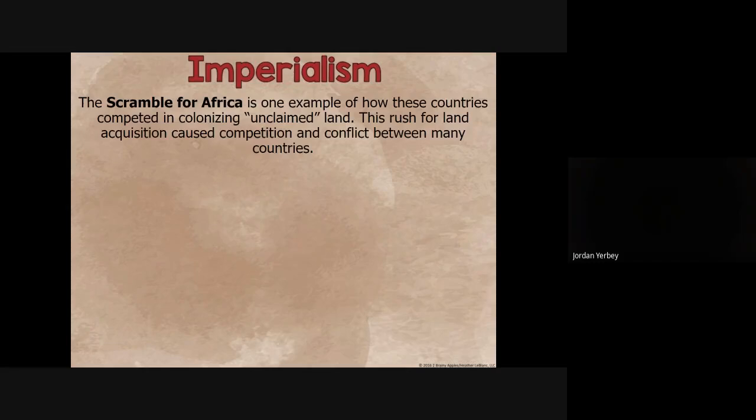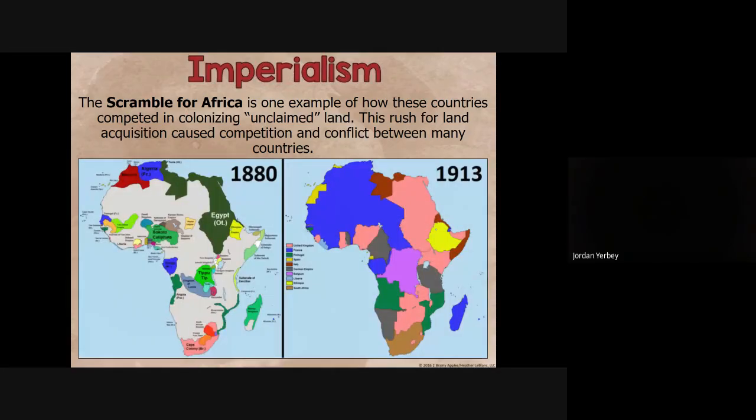The scramble for Africa is definitely an example of how these countries competed in colonizing unclaimed land, and it's in air quotes there because it wasn't unclaimed. It was unclaimed by the Europeans. This rush for land caused competition and conflict, like I said. And you can see Africa before the 1900s and then Africa after the 1900s is pretty much colonized only by the Europeans, except for over there, Ethiopia.